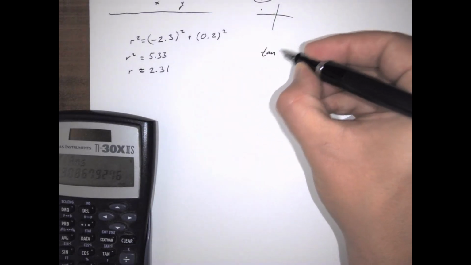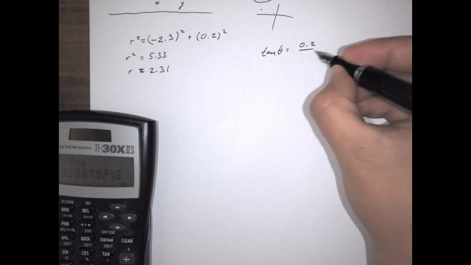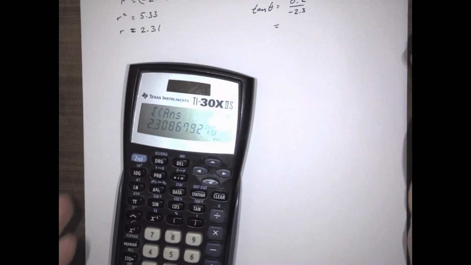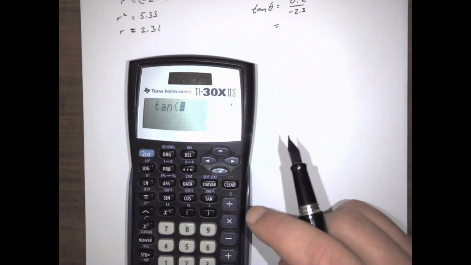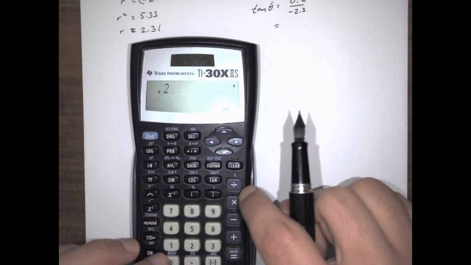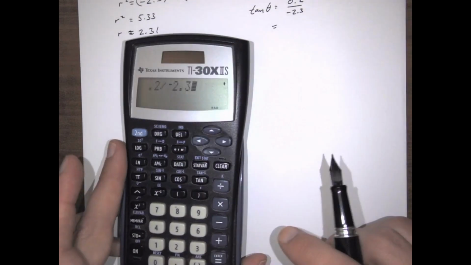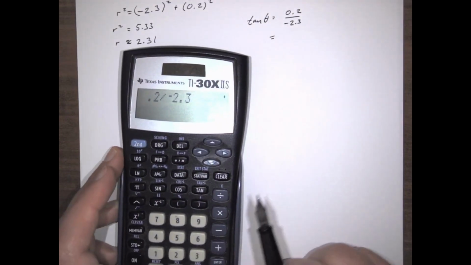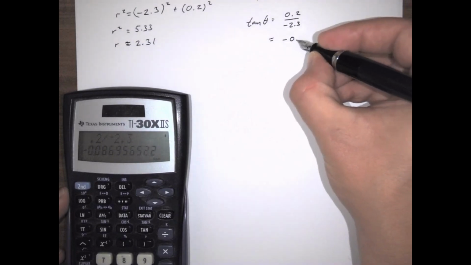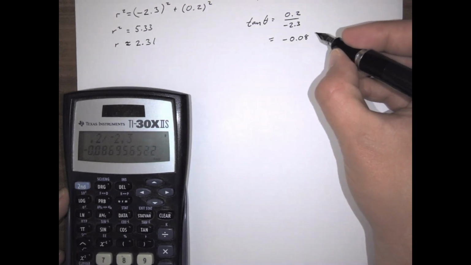Now, tangent theta is equal to 0.2 over negative 2.3, which is going to equal 0.2 divided by negative 2.3. Just using the calculator here to do all my dirty work for me. And that's equal to negative 0.0869.